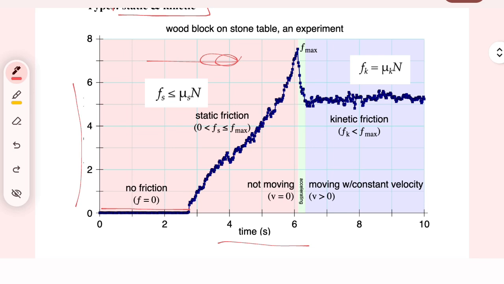When you push the box on the table, the friction that is involved there, because the box is not moving and you're just trying to push it, is that the box will resist. The frictional force between the box and the table would try to resist that pushing force. So the frictional force involved there is actually a static friction, static because the box is still at rest, it's not moving.